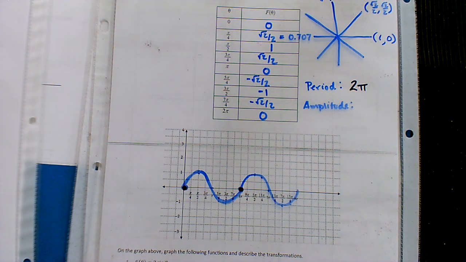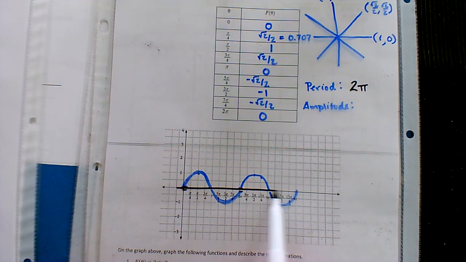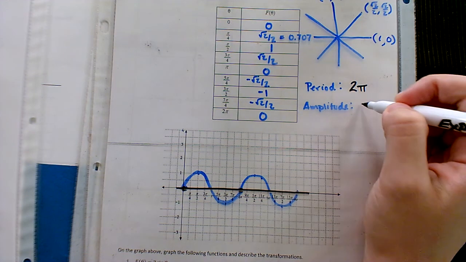What about the amplitude? Can we find the baseline, the middle? It's 1. Yep, the baseline's in the middle. It cuts your wave in half. And you go either up 1 unit or down 1 unit.